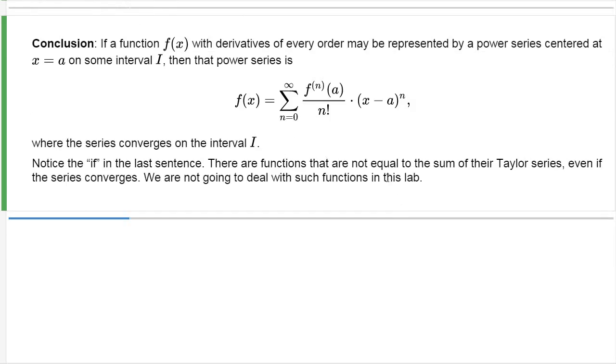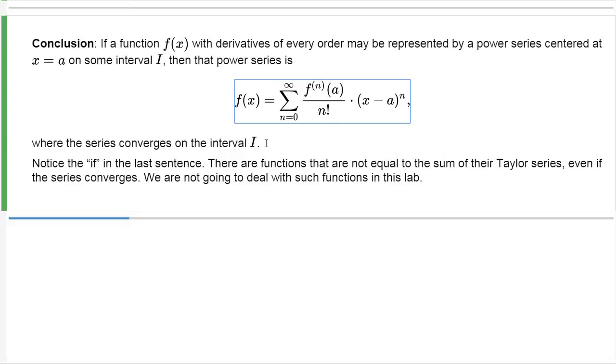So, in other words, if a function has derivatives of every order, and if that function can be represented by a power series centered at x equals a for some interval I, that power series has to be this one. Infinite sum, the nth term is the nth order derivative, plug in the number a, divide by n factorial. That's the coefficient on x minus a to the nth power.